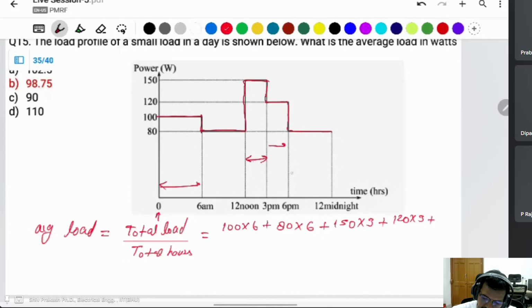Then again 80 watts for 6 hours, divided by 24.